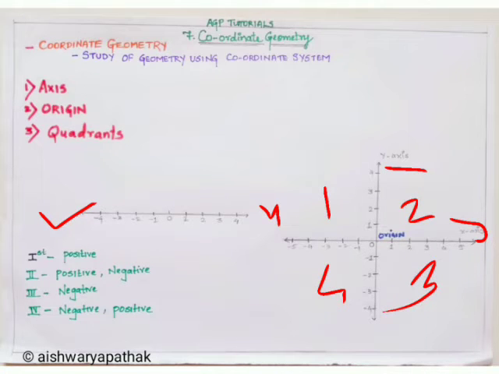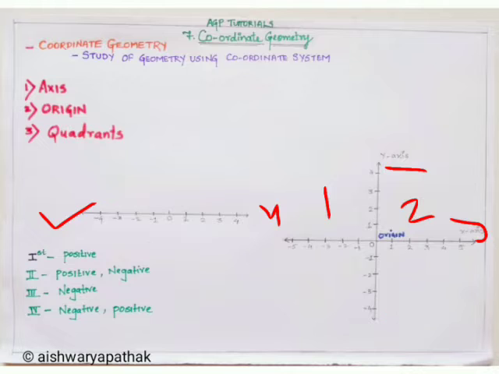So these are the 4 equal halves, called quadrants, or you can say compartments. So when the x-axis and y-axis meet at one point, the origin, they form 4 equal halves that are called quadrants.